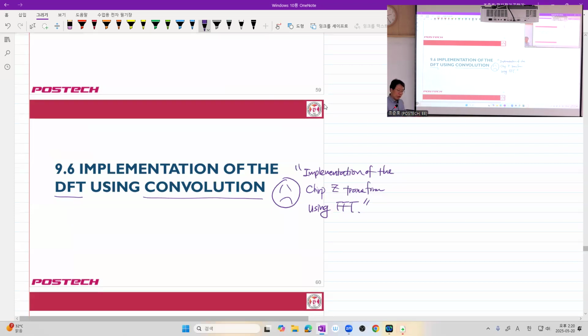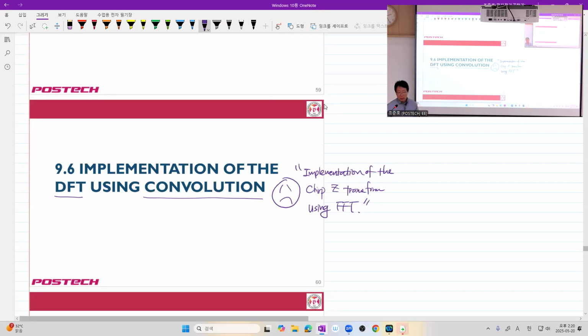So it's kind of opposite, right? So we want to use DFT, actually FFT, to reduce the complexity in convolution, but this section is entitled the exact opposite. However, I'm not sure whether there are some serious people who really want to exactly follow this title.